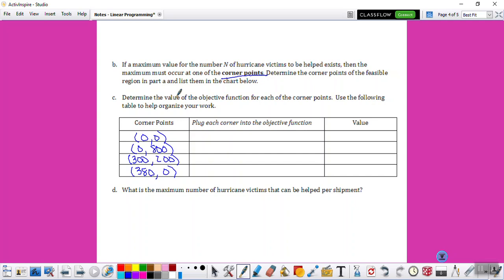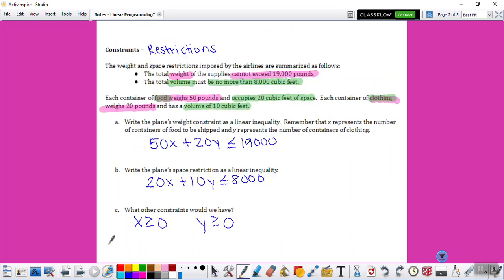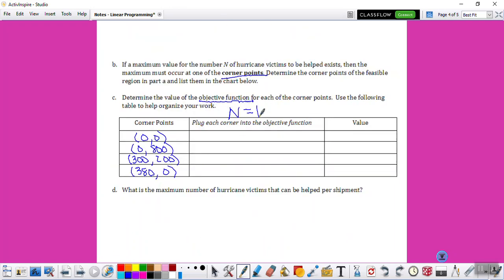So now we need to determine the value of our objective function, which we wrote at the beginning. That's our n equals 12x plus 5y. So for each coordinate we have an x and a y, and we're going to plug it in. So 12 times 0 plus 5 times 0. 12 times 0 plus 5 times 800. 12 times 300 plus 5 times 200.